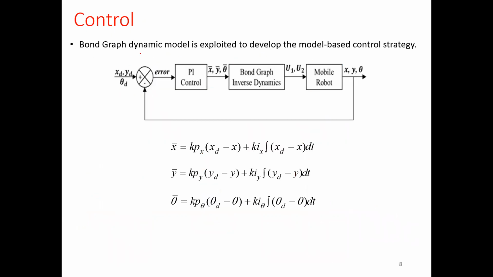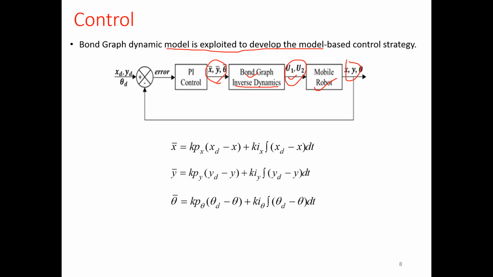Now, control. The developed bond graph model is used to develop a model-based control strategy. Here we have this mobile robot dynamics, and we use the inverse dynamics of the robot. In the direct dynamics, we give voltage to the motor and we get the position and orientation of the robot. But in the inverse dynamics, we give the position and orientation of the robot and we calculate the motor voltage, which we apply to the robot we want to control.